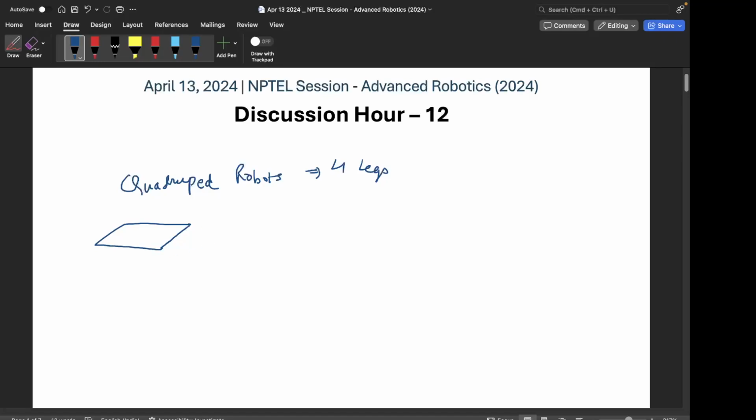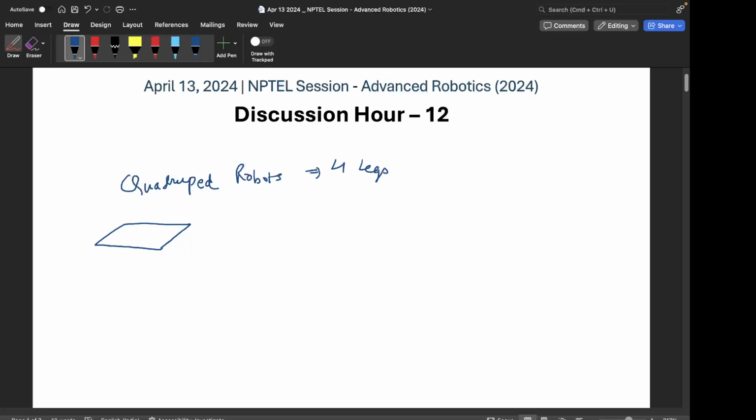What we have seen till now is that if we have a system of multiple links which are modeled as rigid bodies and joints are assumed as frictionless, right? These are two basic assumptions which we have taken in our derivations. So we will model the quadruped robot like that only.